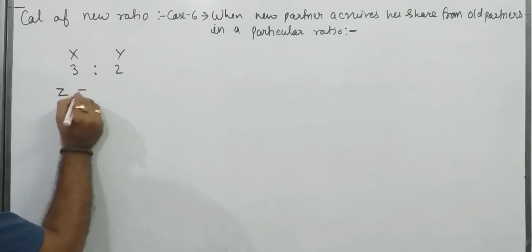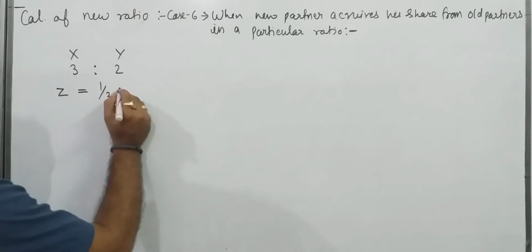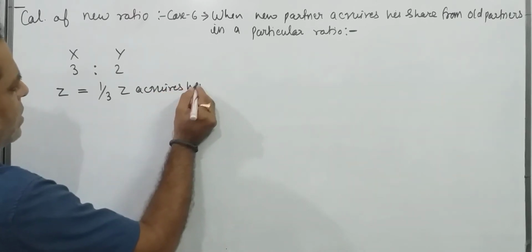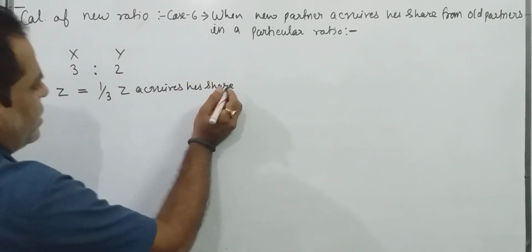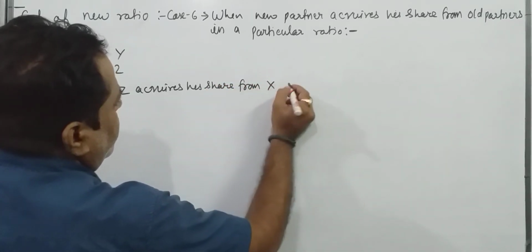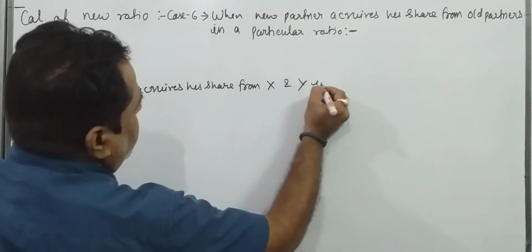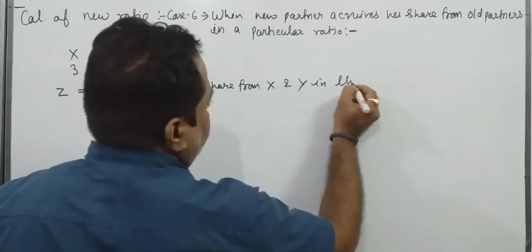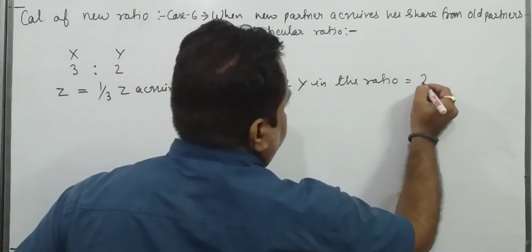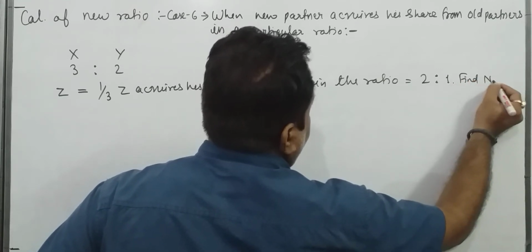Z joins the partnership firm for 1/3 share. Z acquires his share from X and Y in the ratio 2:1. Find new ratio.